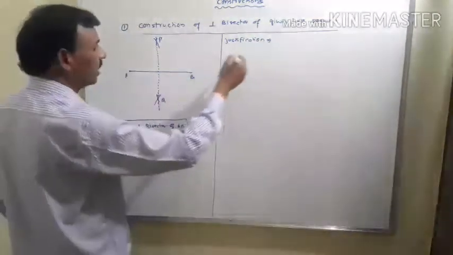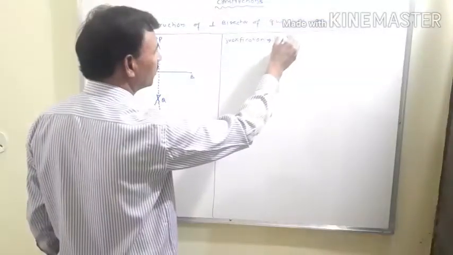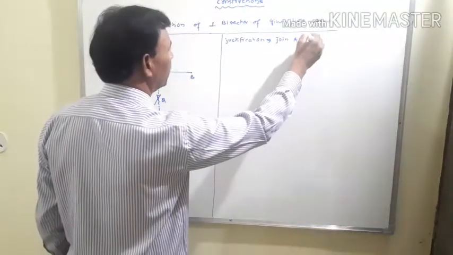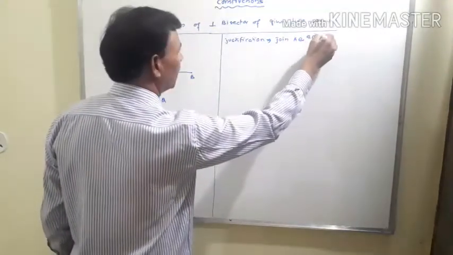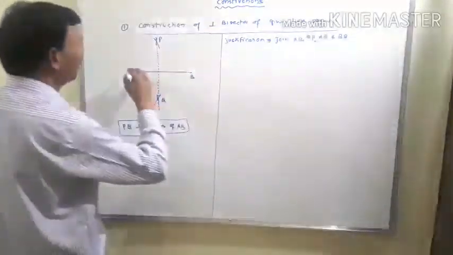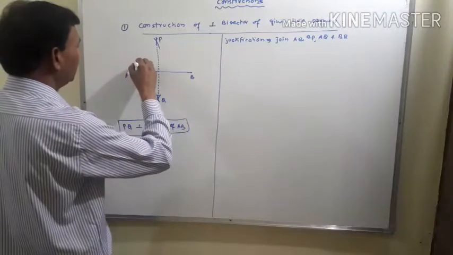For this, first we join AP, BP, AQ and BQ.